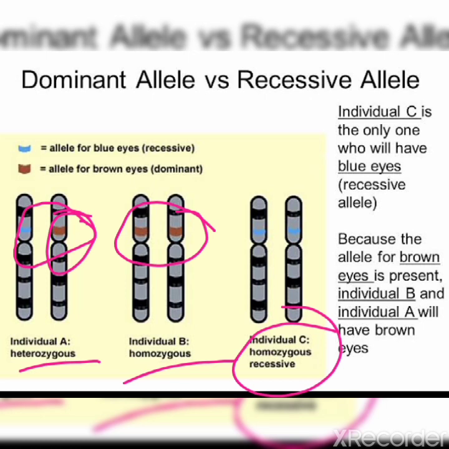So it is homozygous recessive that has similar pair. Both are blue. So individual C is the only one who will have blue eyes, both recessive alleles are there, and individual A and B will have brown eyes because the allele for brown eyes is present.